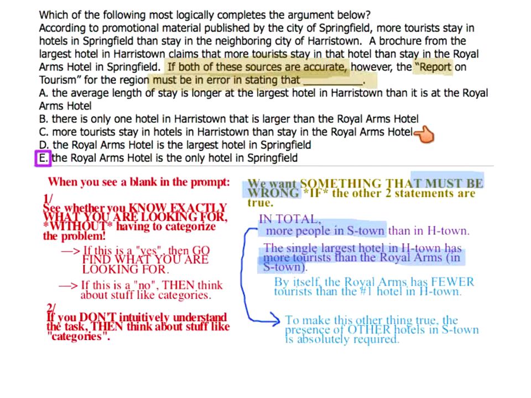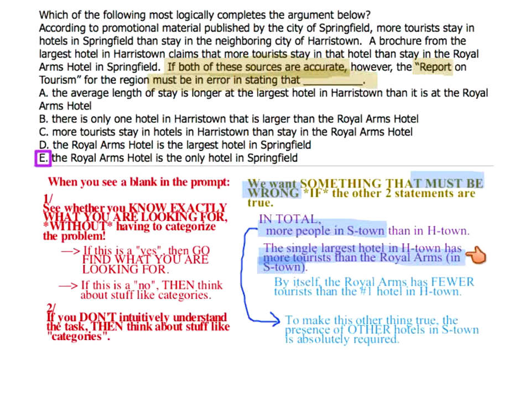C, more tourists stay in hotels in Harristown than stay in the Royal Arms. Not only does this not have to be wrong, but this is actually definitively true. Because we already know that you can find one hotel that actually contains more people than the Royal Arms.